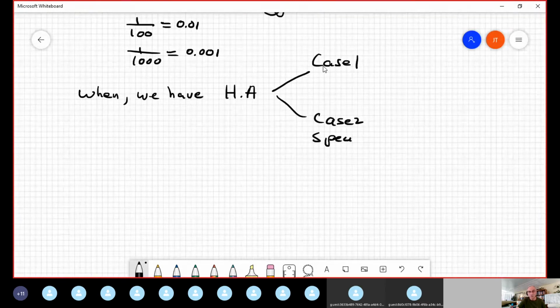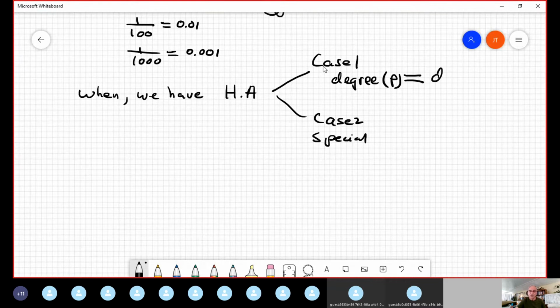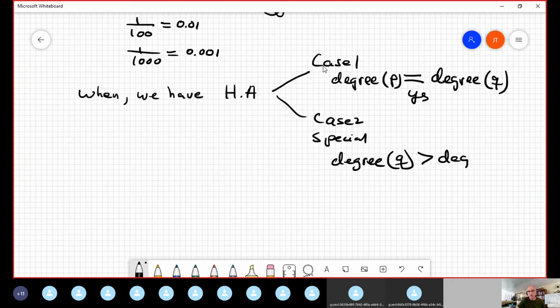When the degree of P is equal to the degree of Q, yes, perfect. Special is when the degree of Q is greater than the degree of P. Yes, it's special at y equals 0.